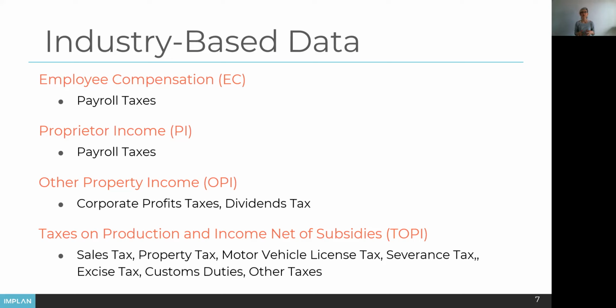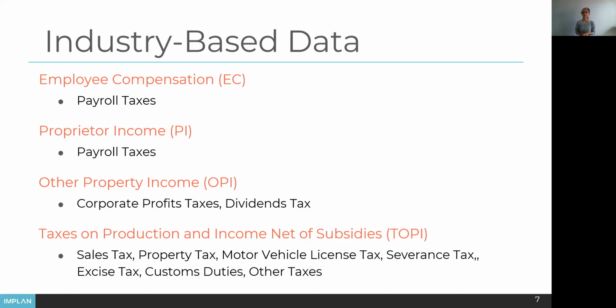But what's important for our taxes are the value-added data. If you remember from one of our previous videos where we defined what value-added is, it has these 4 components: employee compensation, proprietor income, other property income, and taxes on production and imports net of subsidies.